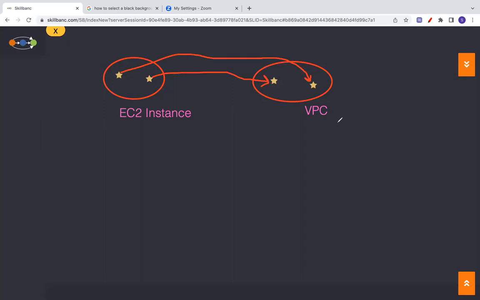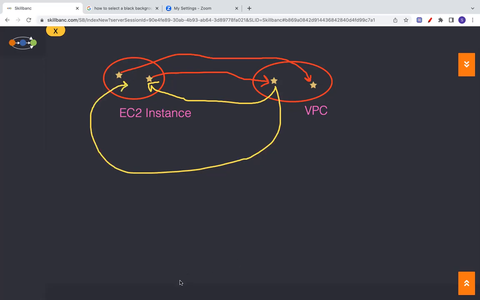So now, how many things are possible? Two things are possible. Either one VPC has only one instance, or one VPC can have multiple instances. So the fact is, one VPC has multiple instances. So you can mention that by a different arrow. I have this instance, and I have this instance.